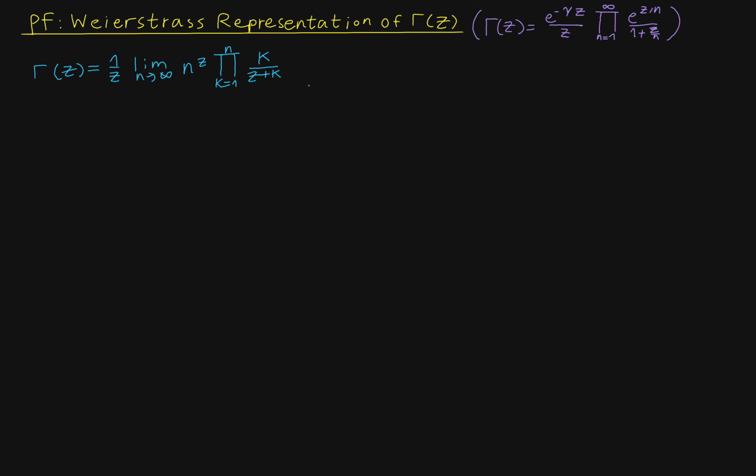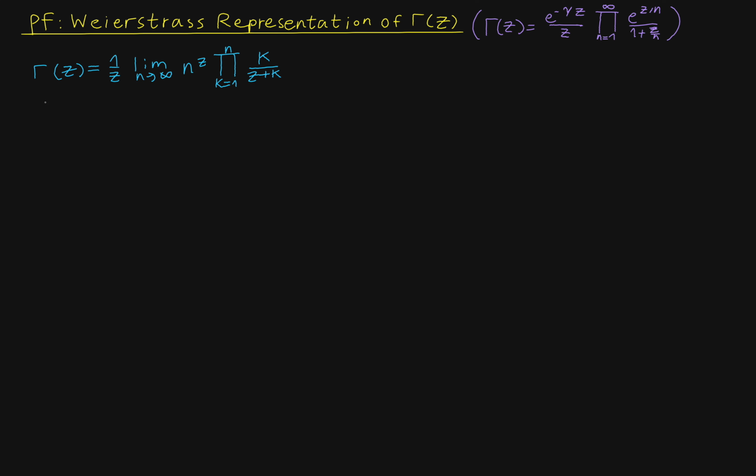Now, again, we are going to rewrite this using some exponential identities, right? So we basically want to get e to something with a logarithm, and then we're going to try and squeeze the limit for the Euler-Mascheroni constant in eventually, and whatever else happens in the product.